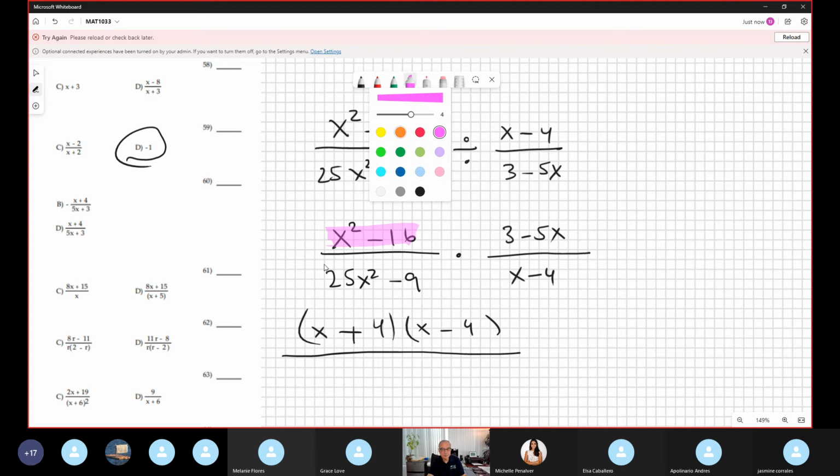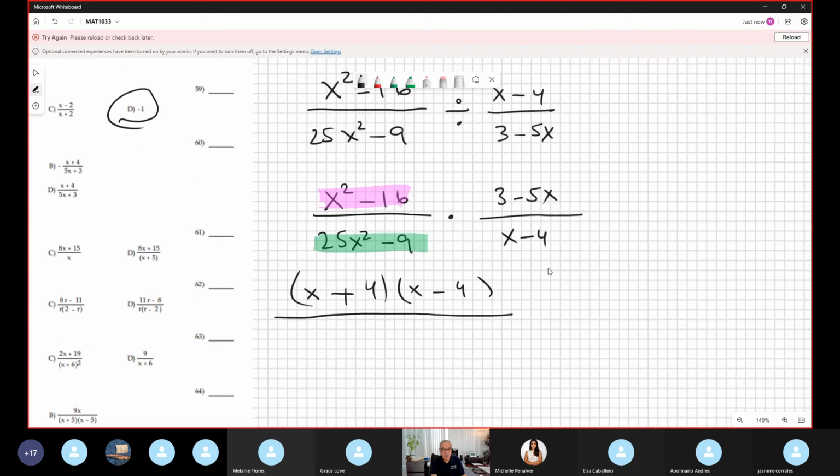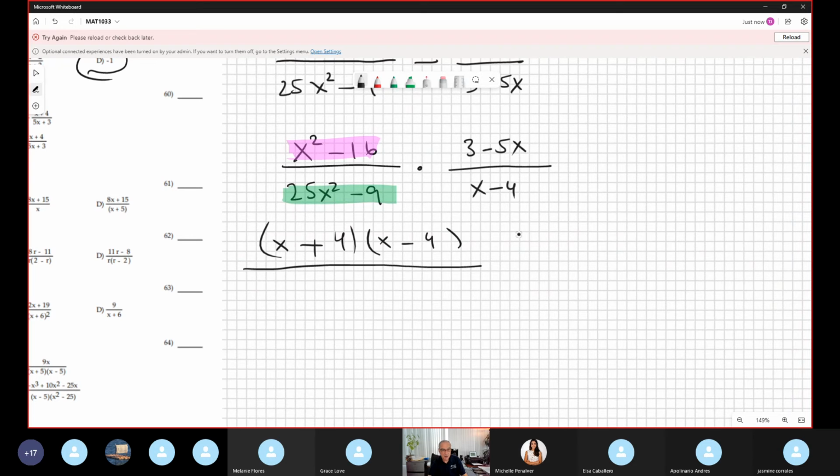Factorization, that guy. Wow, it's another difference of squares, binomial, right? Open parentheses. Square root is 5x, and square root of 9 is 3, plus or minus.